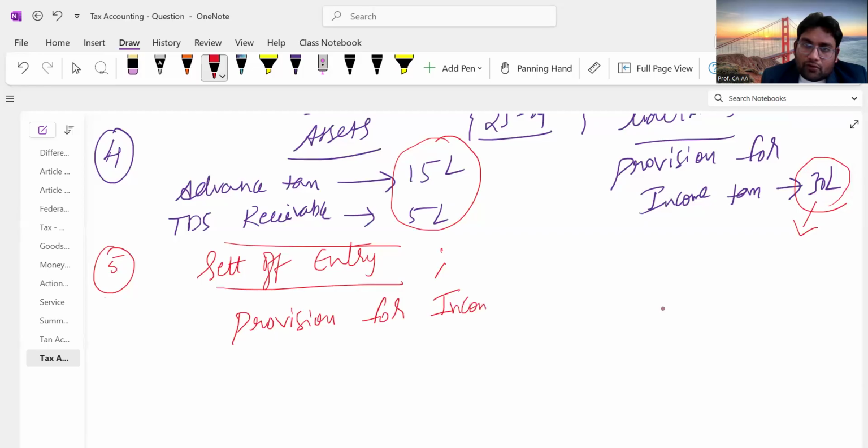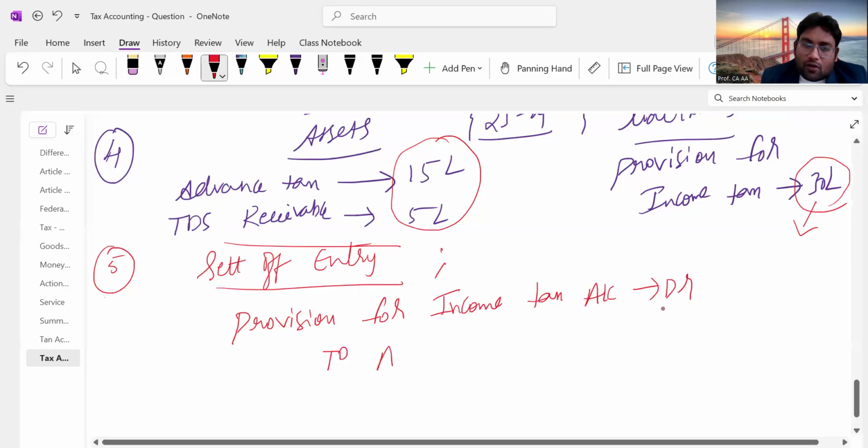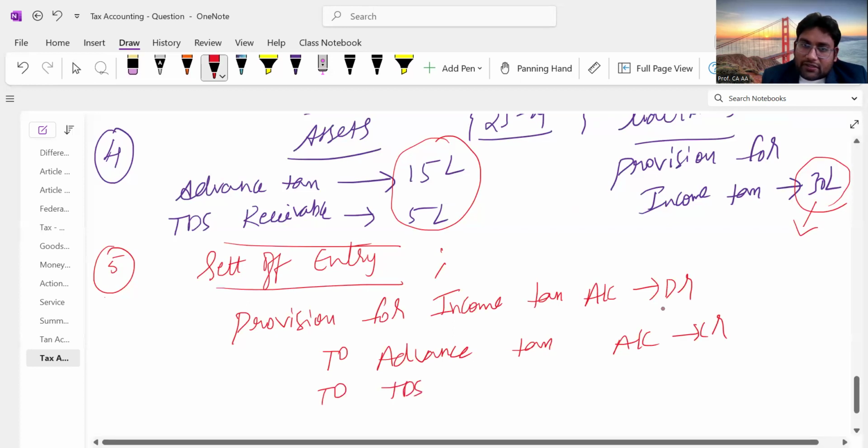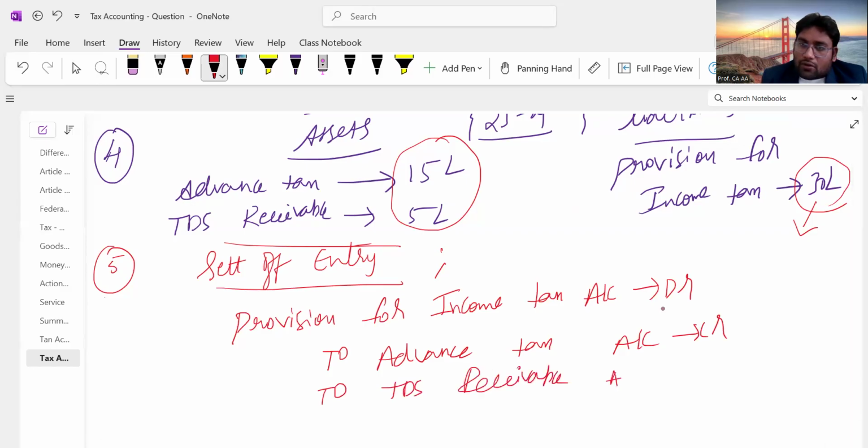Provision for income tax account debit, to advance tax account credit, to TDS receivable account credit.